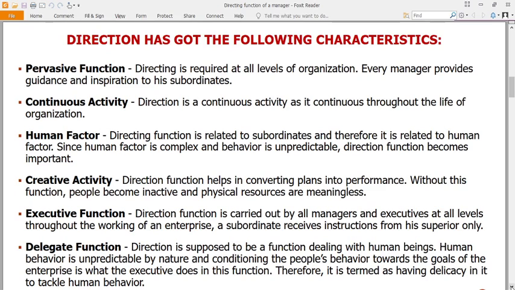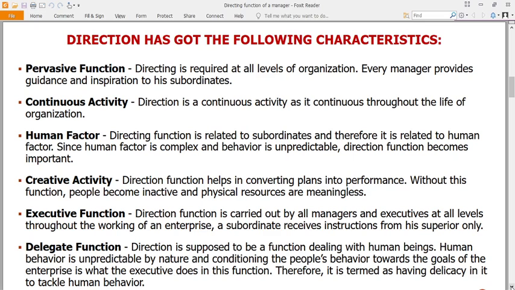Direction has the following characteristics. It should be persuasive in nature, meaning that as you direct your employees, you should give inspiration to them. It is a continuous activity. It shouldn't be a one-time thing, because our production is all through, so direction should as well be continuous.